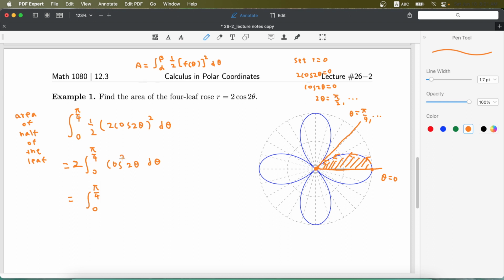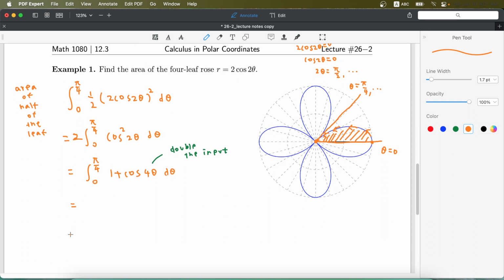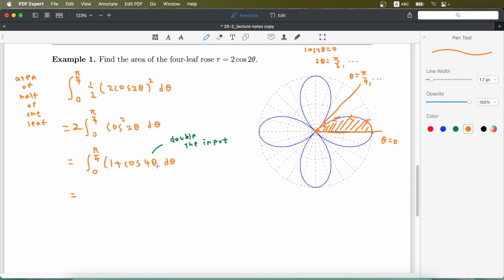So by using the half angle formula, it will be 1 plus cosine over 2, and that 2 and this 2 will cancel. Okay, so right here, we should have 1 plus cosine 4 theta. Okay, remember, you have to double your input. Okay, right here, double the input. Is that okay?